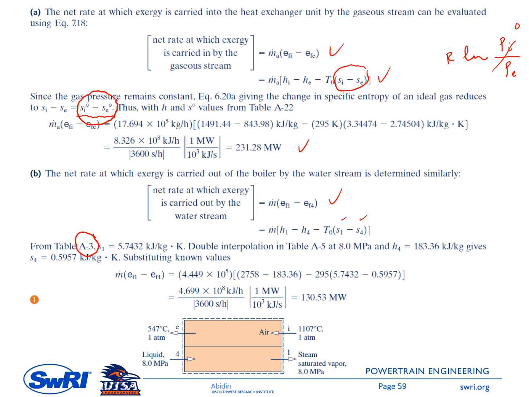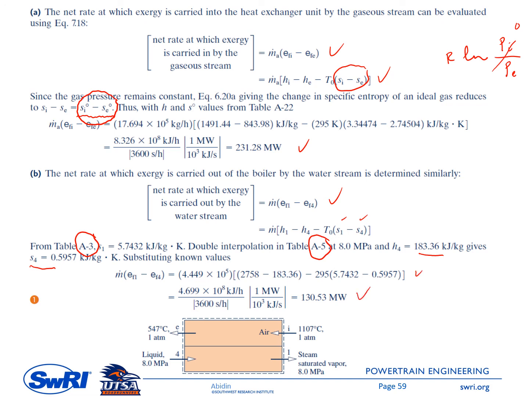In this case, they said that you need to use a double interpolation to get this one. Table A5 is the compressed liquid table. So you just need to plug in the number.